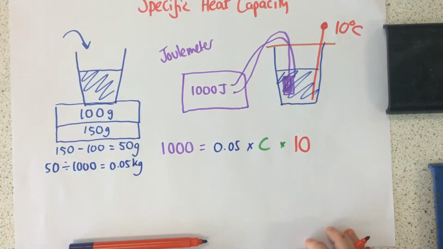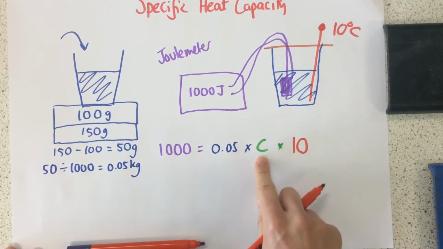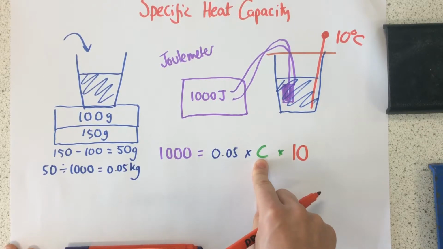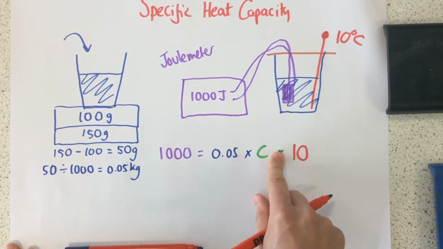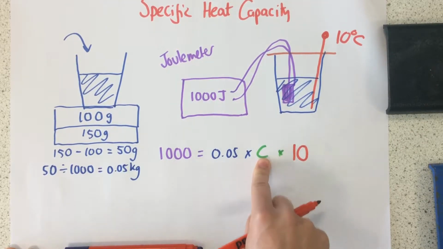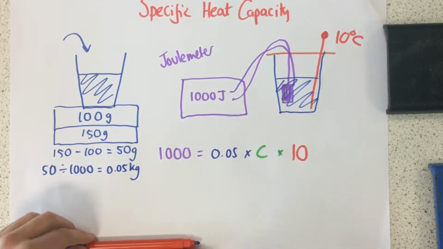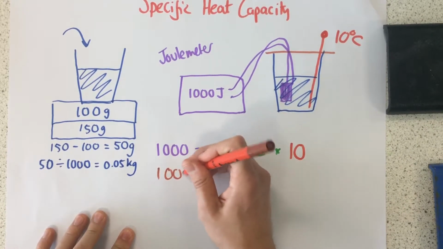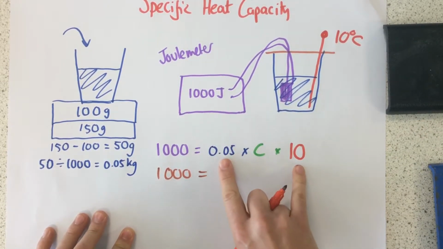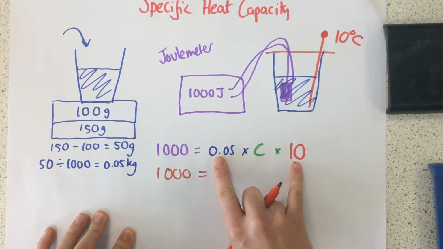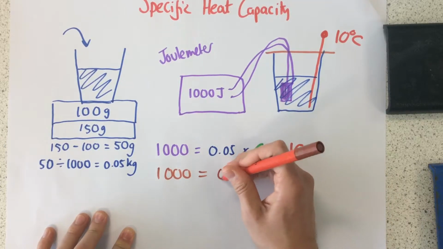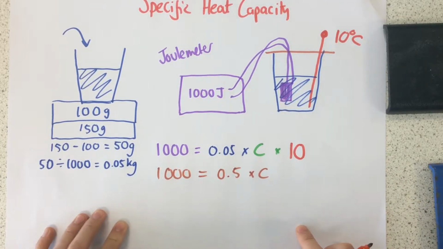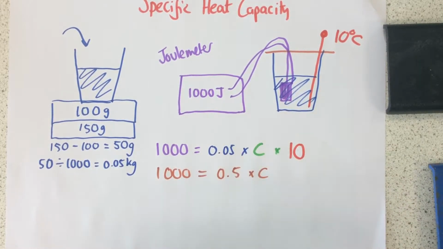So what I need to do now is get C all by itself. Because if I can rearrange this equation to make C the subject, then I'm laughing. First of all I'm just going to simplify it. I've got 1,000 here. I'm going to multiply these two numbers together to begin with to make it easier. So 1,000 equals 0.5 times C. All I've done is multiplied those two numbers together.